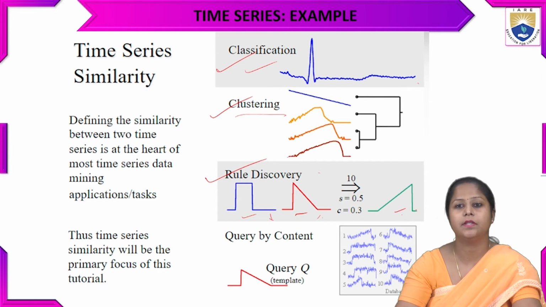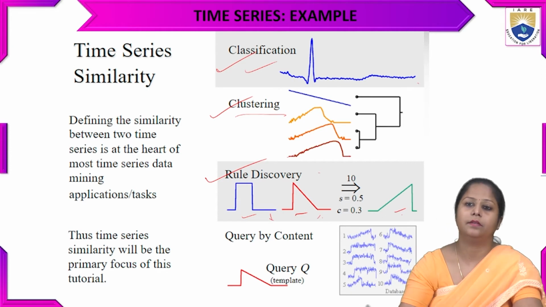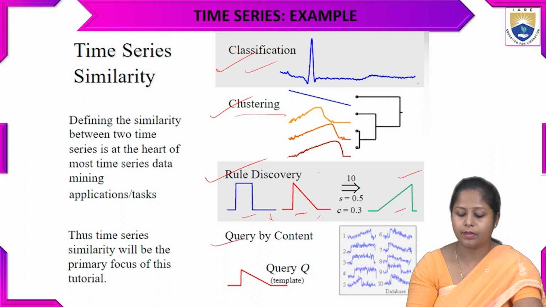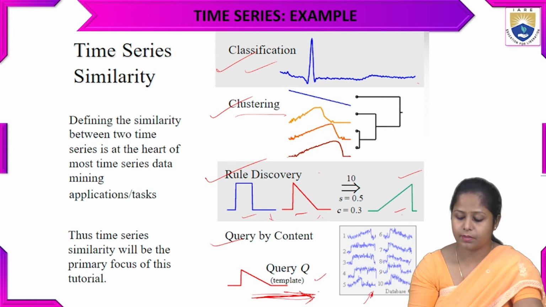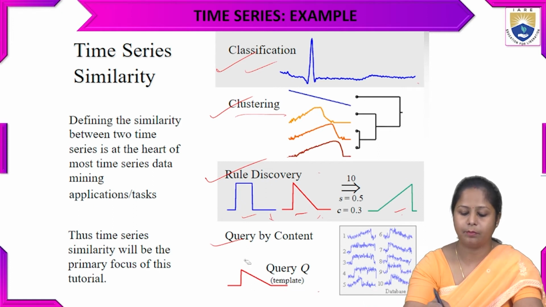So this is the rule made for this trend, right? Query by content. So here query, that is a method. Here we need a query template and we will get the result in the database. So these are the trends we can see in the example.